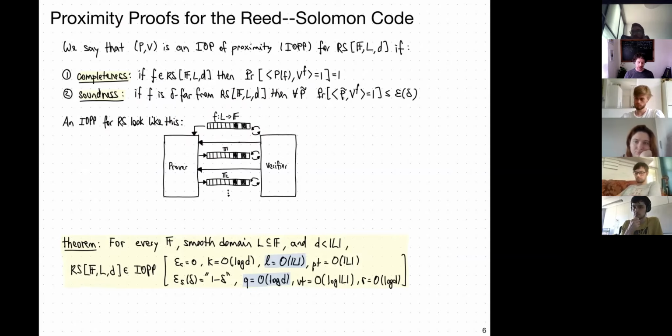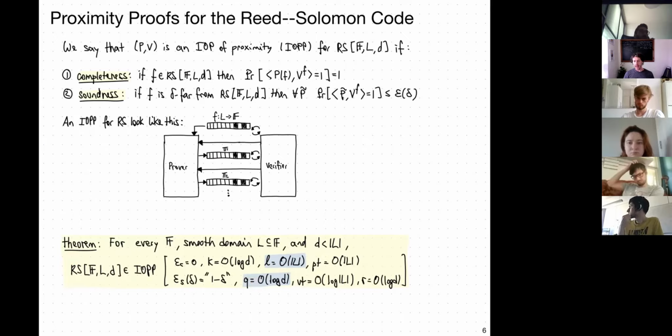So I want to start by looking at the most important part, and the rest of them are nice to know, but it's not crucial. What I want to say here is that we have a theorem that you can take the Reed-Solomon codeword, and you can test it using a proof of length which is linear and queries which are logarithmic.